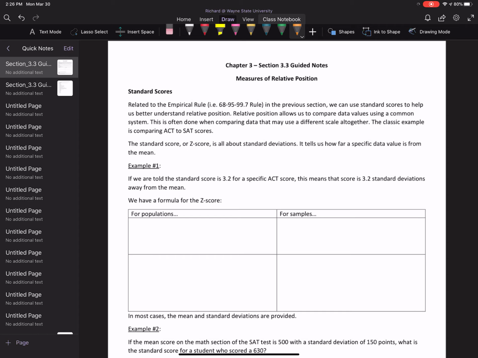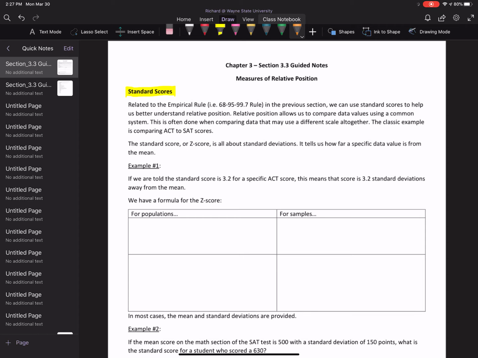The first measure of relative position that we are going to deal with is the idea of a standard score. Maybe some of you have heard of standard scores before. This idea of standard scores allows us to make comparisons between data that may not be using the same scale.